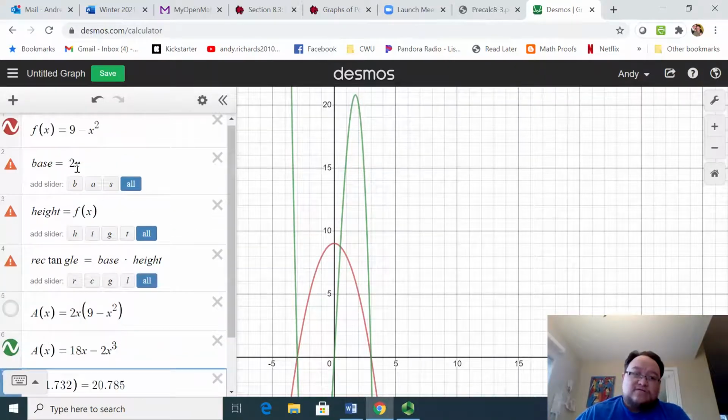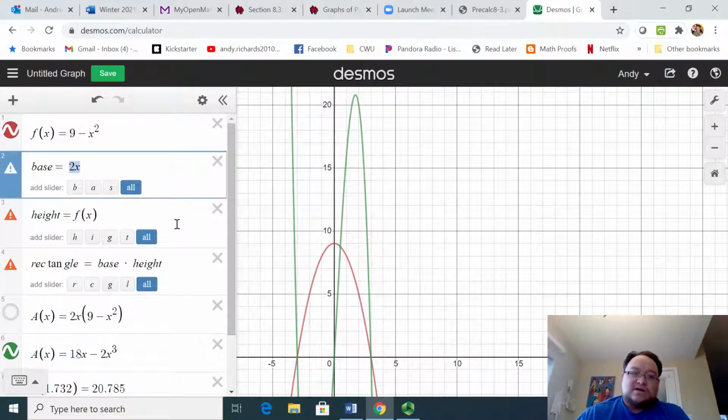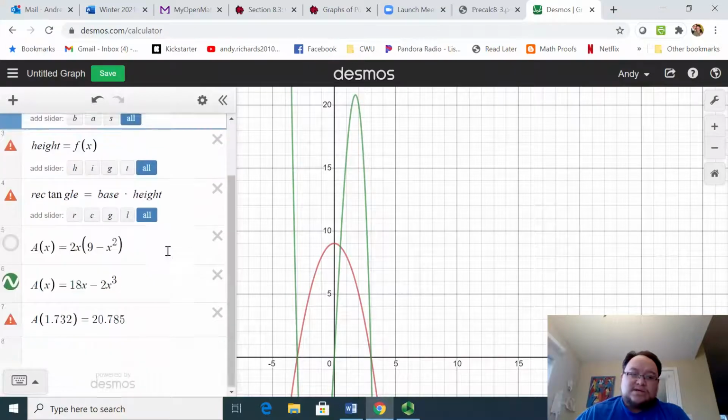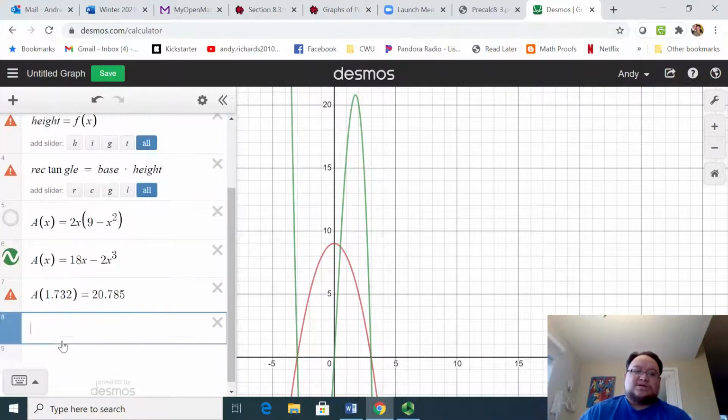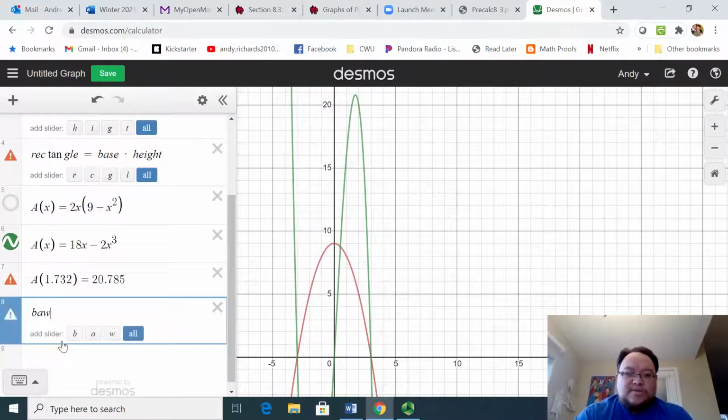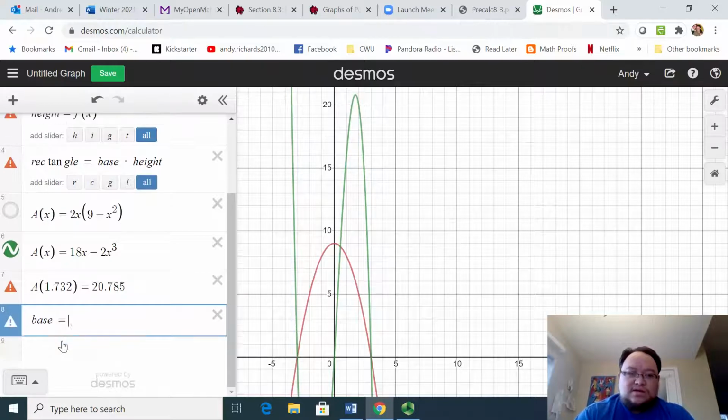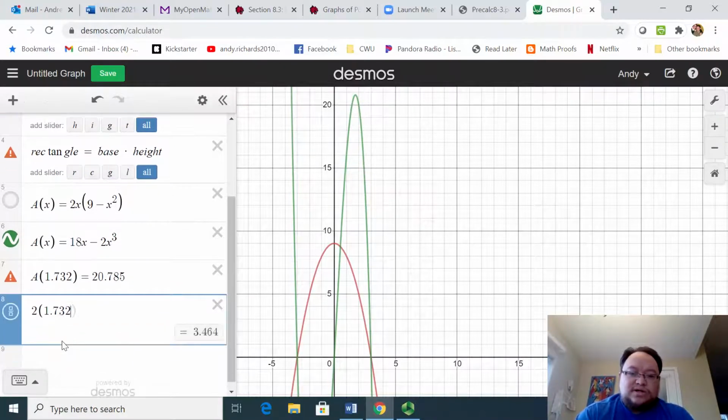But if I need to figure out what the base is, well then I need to figure this thing out, right? So my base is going to be double this. So for my base, that is essentially going to be 2 times 1.732. So in this case, I've got, for my base, 3.464.